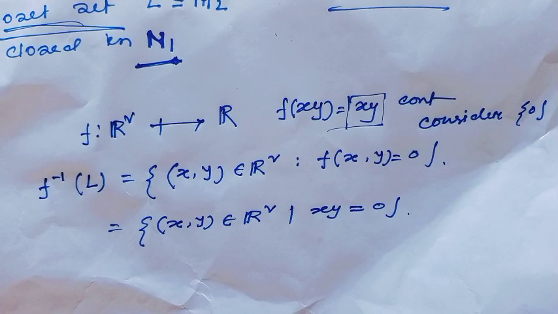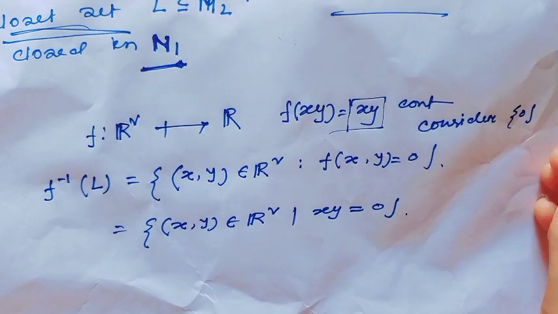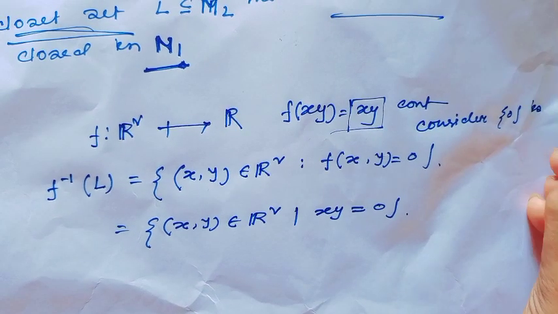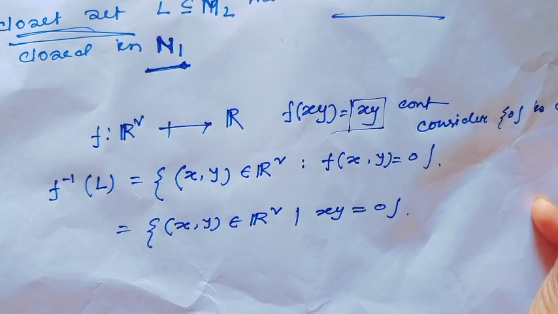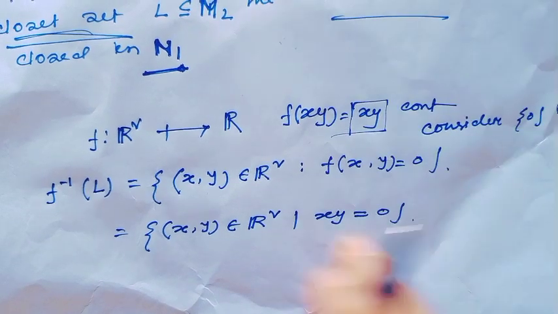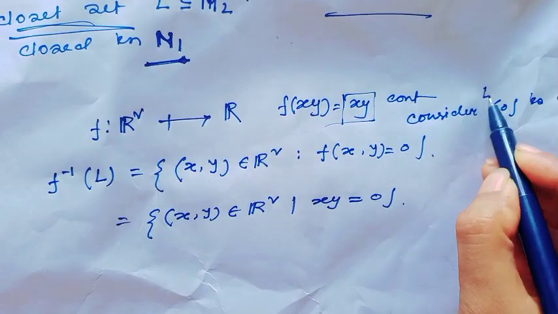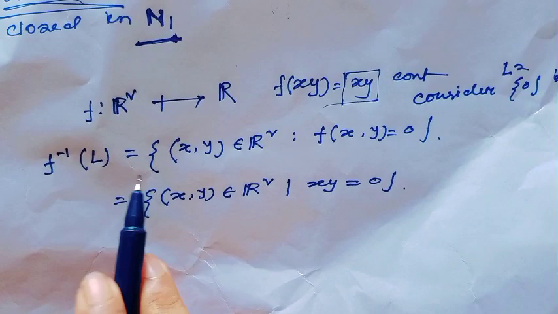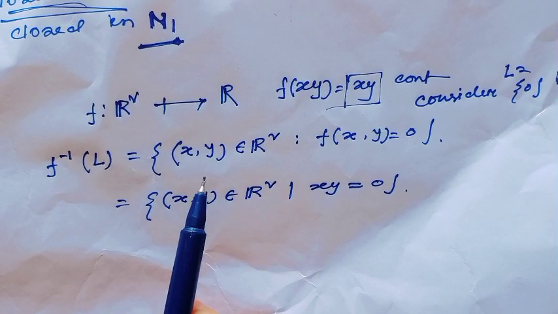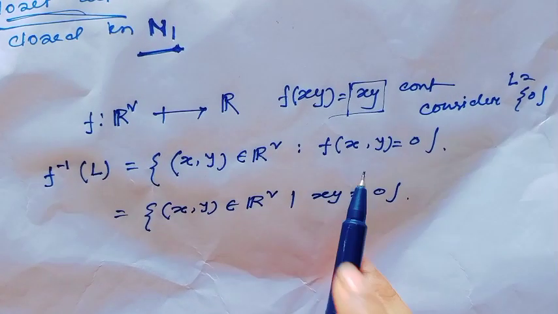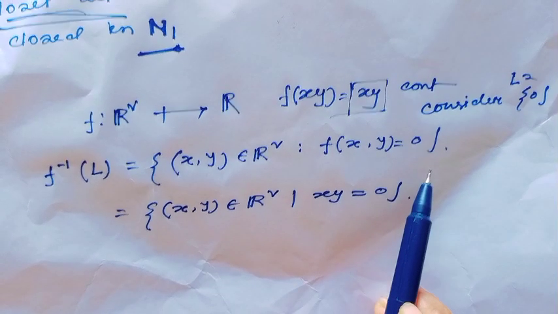Another method to check continuity: consider the singleton set {0}. Obviously, the singleton set {0} is closed in R, and call this set L. Then f inverse L equals the set of those (x, y) belonging to R² such that f(x, y) equals 0.